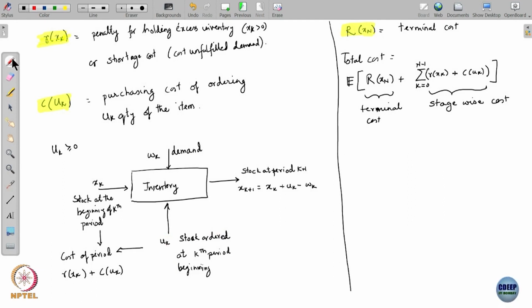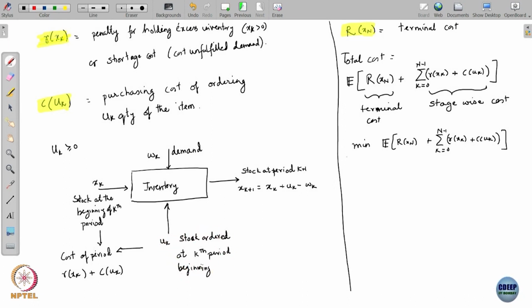So, what you would want to do is minimize the above cost, minimize this r of x n plus this sum. You want to minimize this, but by choosing what? You would like to minimize this by choosing the amount of stock to be ordered at each time.